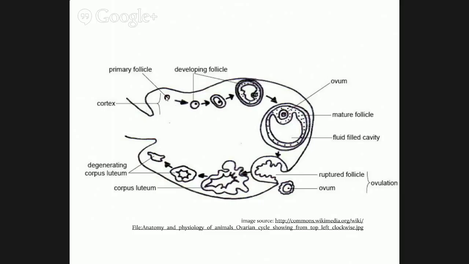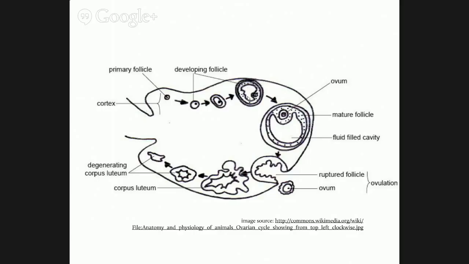And then after puberty, these cells start to progress through the events that we see here. And so as the follicle starts to develop, it's the primary follicle. And then when the granulosa cells surrounding it get thicker and then start to separate, so that there's a gap in there, this is the secondary follicle.